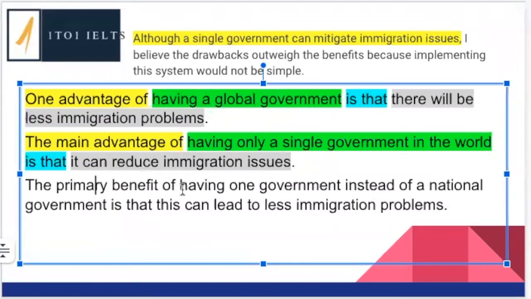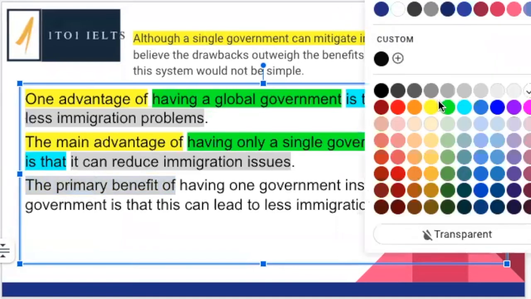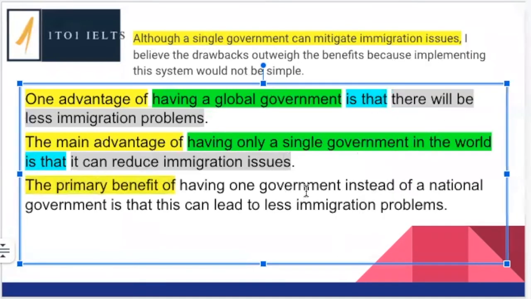So primary benefit of, excellent. Having one government instead of a national. So this part great. The instead of is great. Are we talking about having one government for the world instead of one national government?